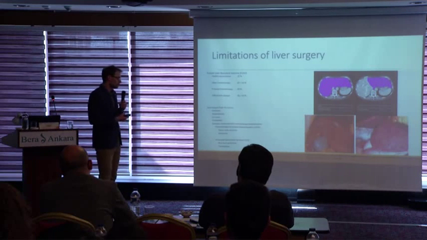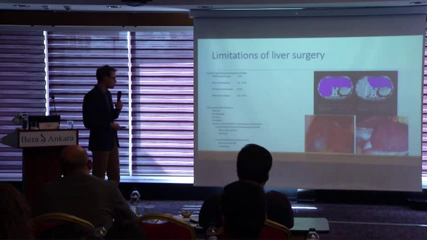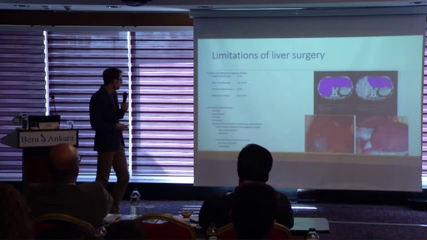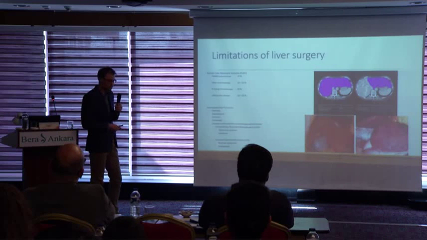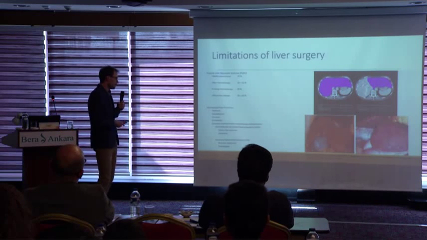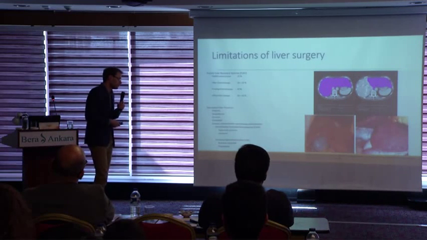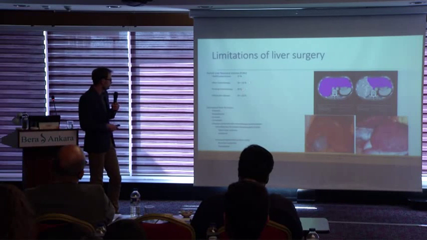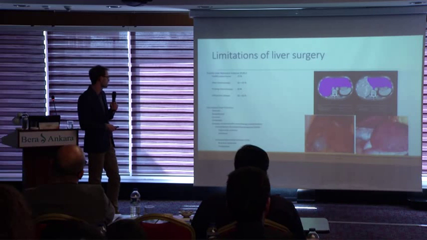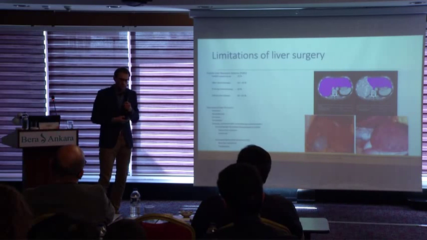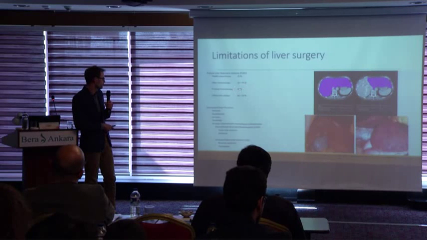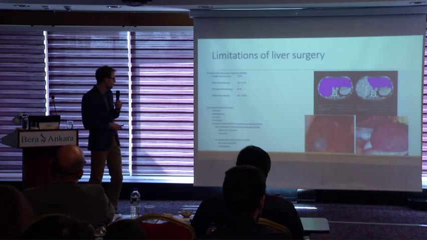When we take a healthy patient with healthy parenchyma, it's enough to leave a future liver remnant volume of around 25% or more. For patients who are after chemotherapy, we have to respect a future liver remnant volume between 30 and 35%. For patients after prolonged chemotherapy, it's necessary to increase this future liver remnant volume to 40%.